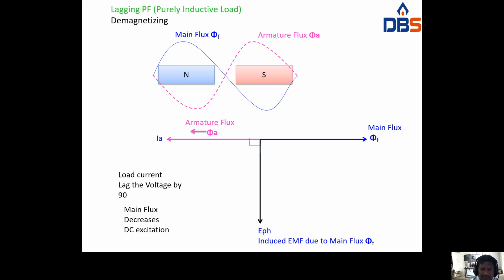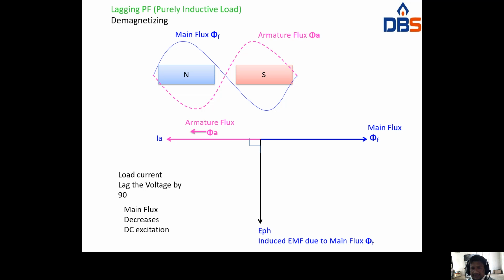Suppose you consider the angle to be 90 degrees; the current is lagging exactly 90 degrees. So this is demagnetizing. Because of this, the net flux is reduced. Main flux decreases.